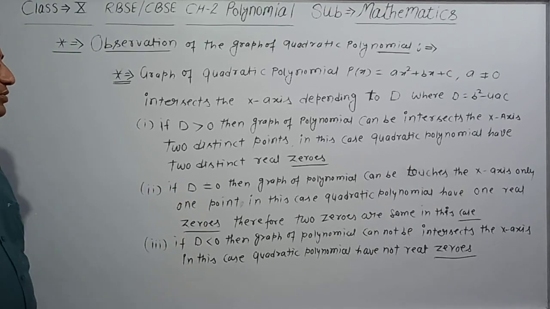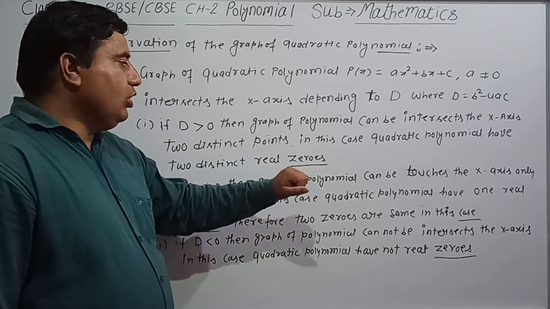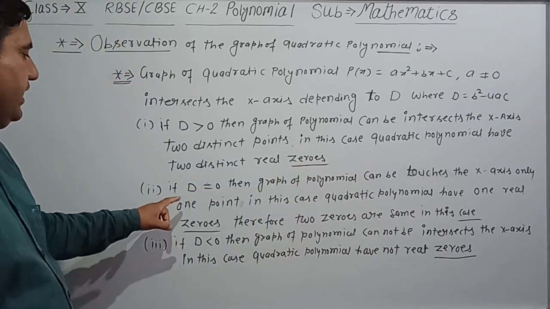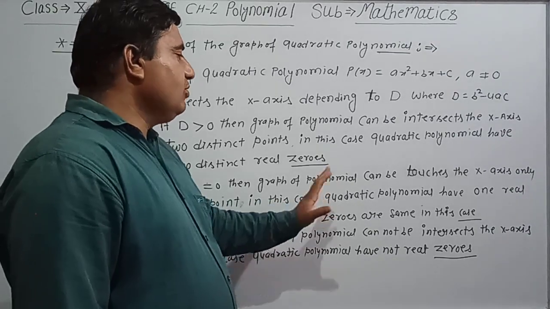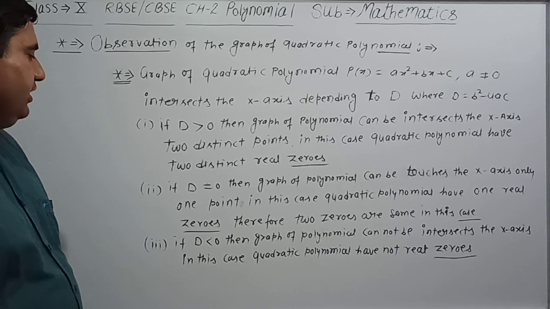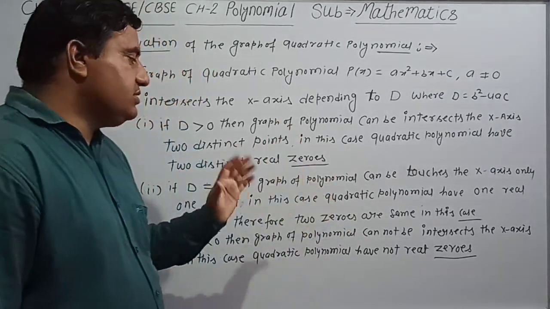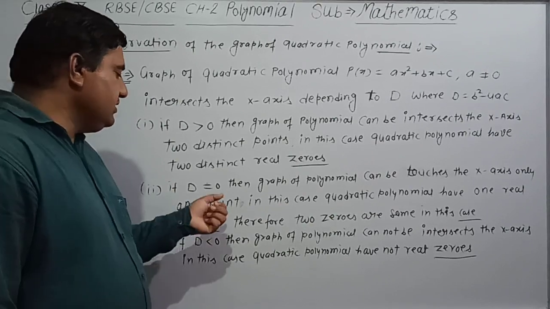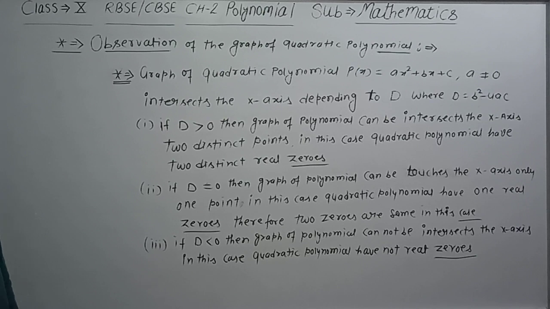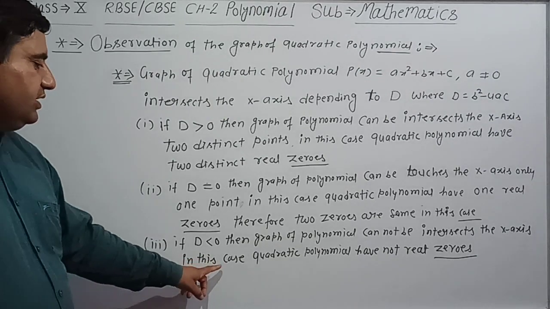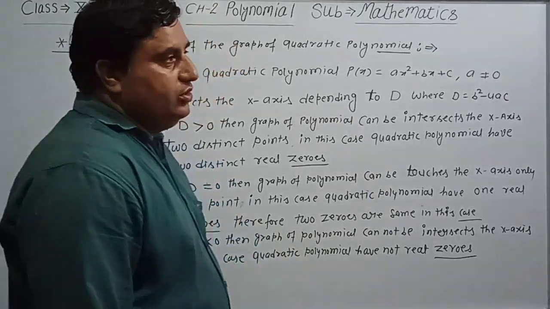If D equals 0, then the graph touches the x-axis at only 1 point. In this case the quadratic polynomial has one real zero, therefore two zeros are same. If D less than 0, then the graph cannot intersect the x-axis. In this case the quadratic polynomial has no real zeros.